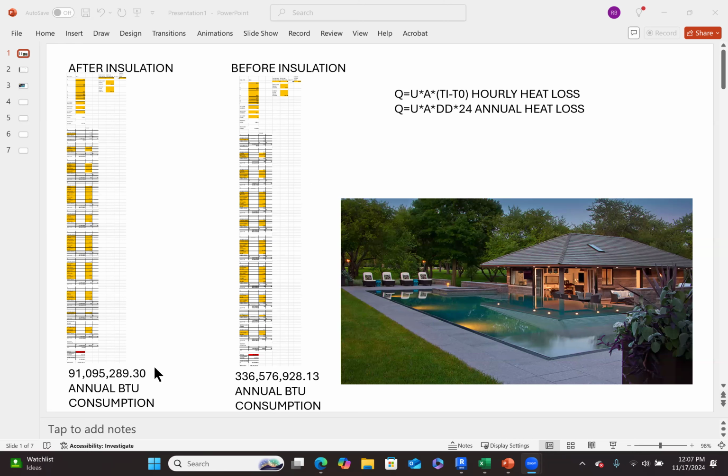If your home loses 100 BTUs per hour, and you want the temperature inside of your home to stay the same, then you would have to add 100 BTUs per hour in order for the level of the temperature to stay the same inside of the house.